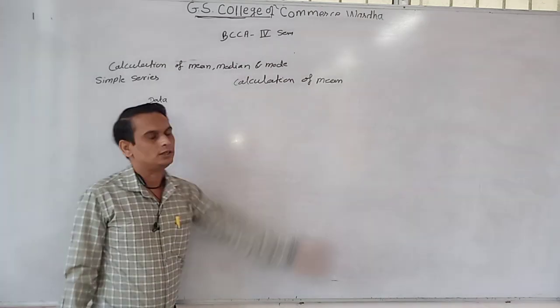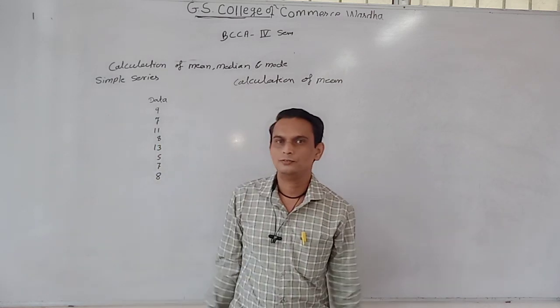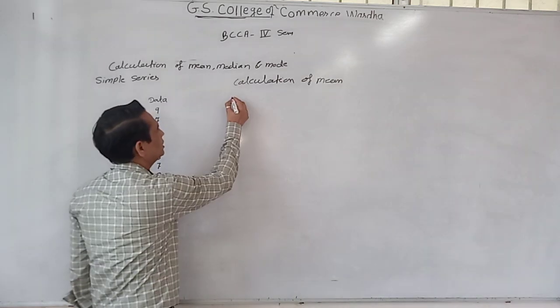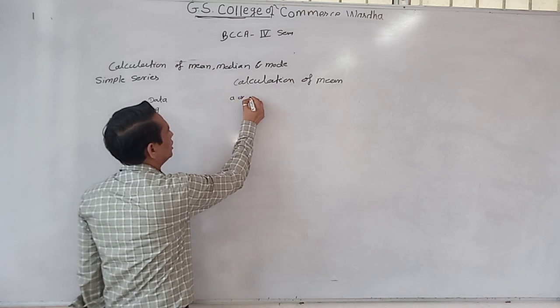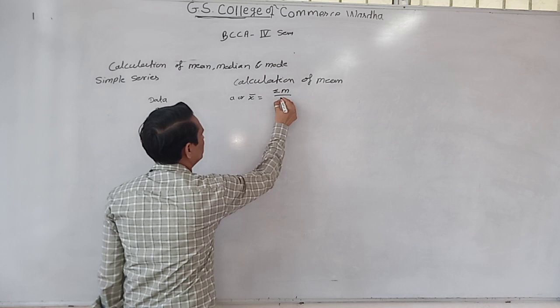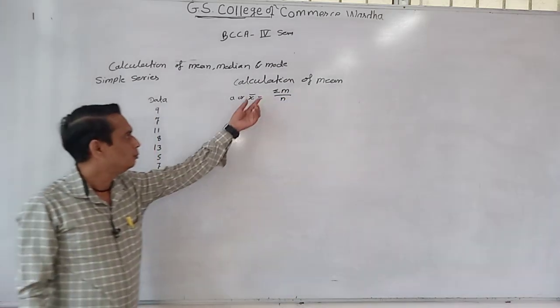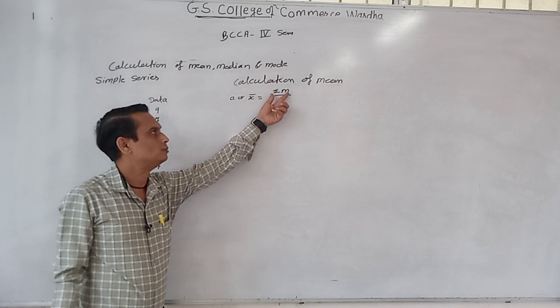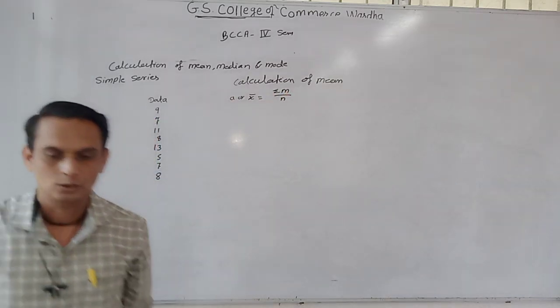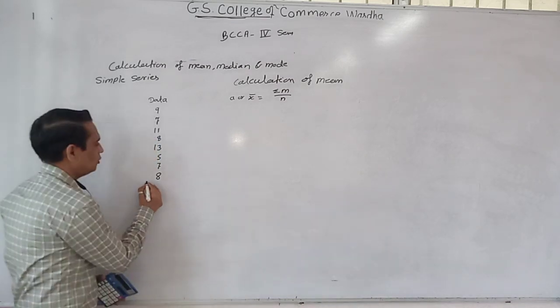To calculate mean, we already discussed the formula of mean, that is x bar equals summation x upon n. To calculate mean we have to calculate summation x and n. To calculate the summation x, add all the numbers.